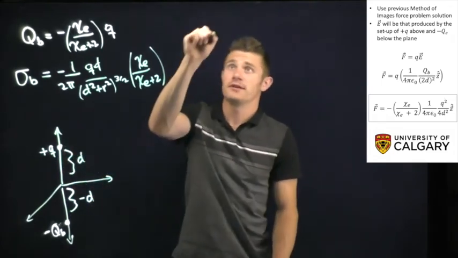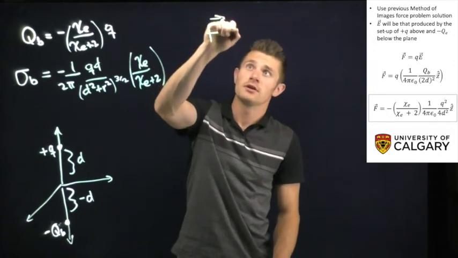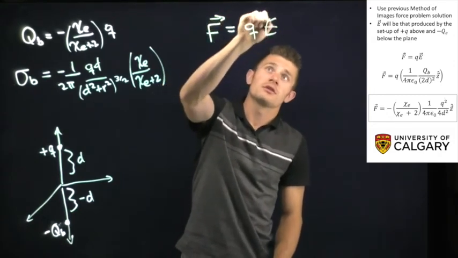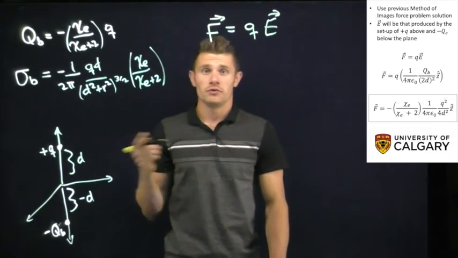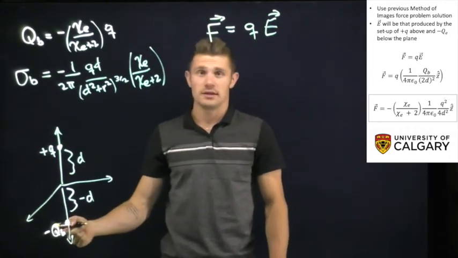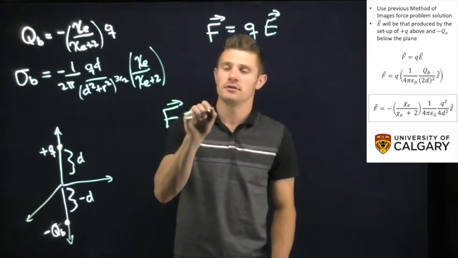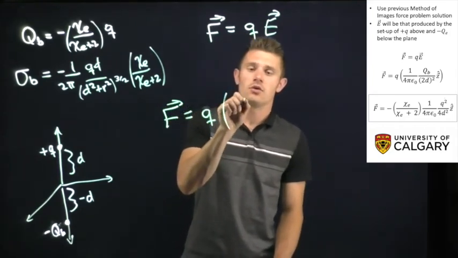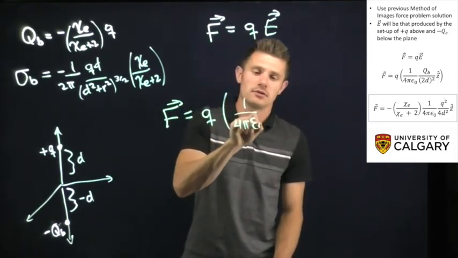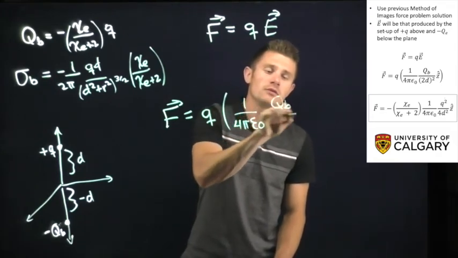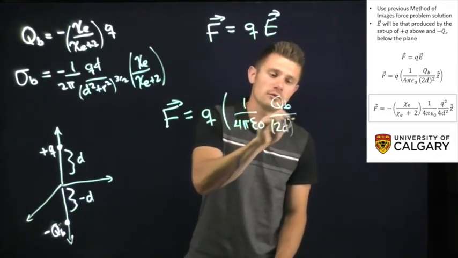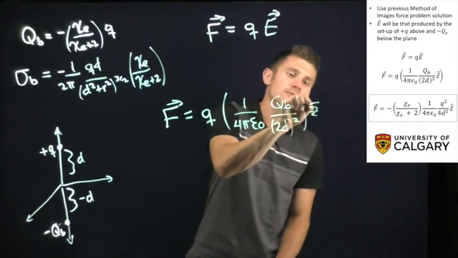This makes it easier to find out what is the electric field contributing to this force, as the positive charge Q will feel an electric field produced by this negative charge, negative QB. And this electric field is simply 1 over 4 pi epsilon naught QB over 2d squared in the z hat direction.